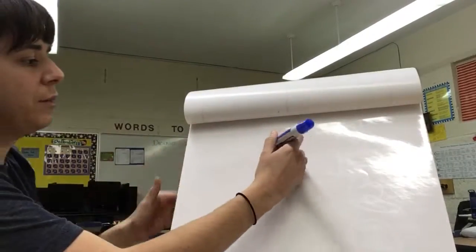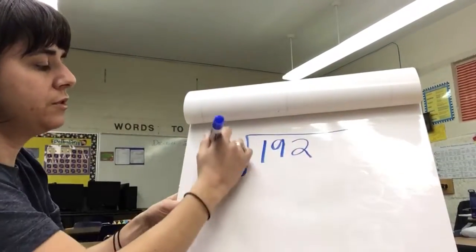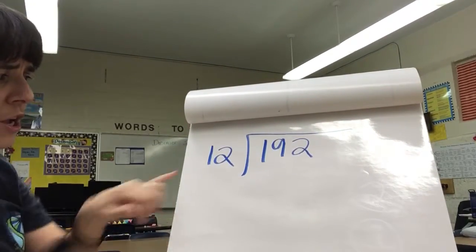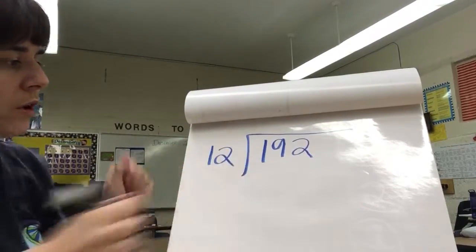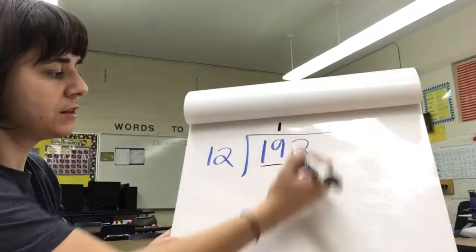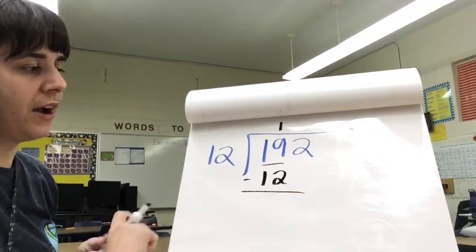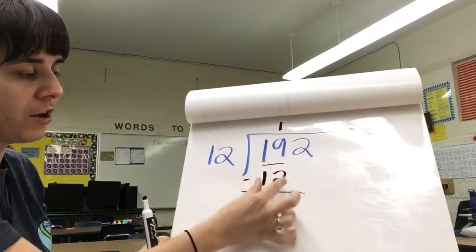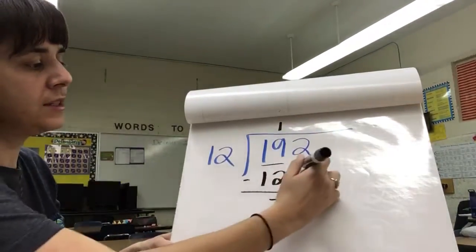192 divided by 12. We'll solve this one with the standard algorithm. So 12 will not go into 1. A group of 12 will go into 19 once. 12 times 1 is 12. I subtract. I kind of ignore this part right here. I'm just looking at the digits I'm working with. 9 minus 2 is 7. 1 minus 1 is 0.